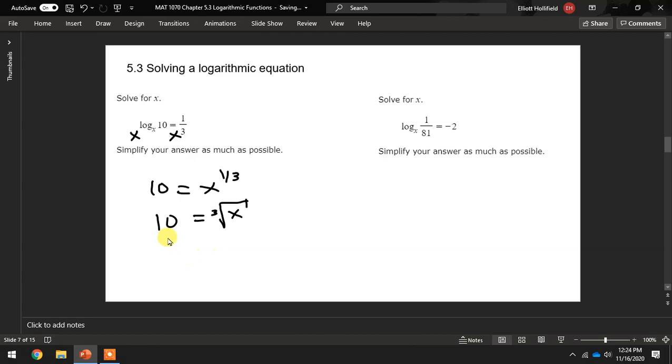So now let's cube both sides. Now what do we get? 10 cubed will be equal to the cube root of x cubed, which is just equal to x. So this is 10 times 10 times 10, or x must be equal to 1,000.